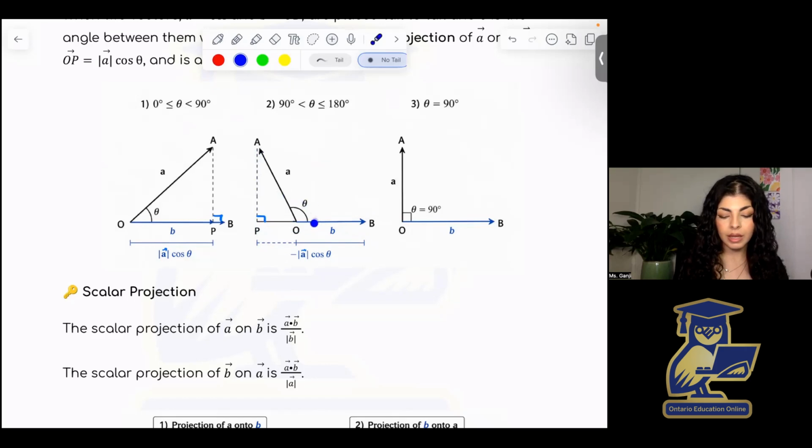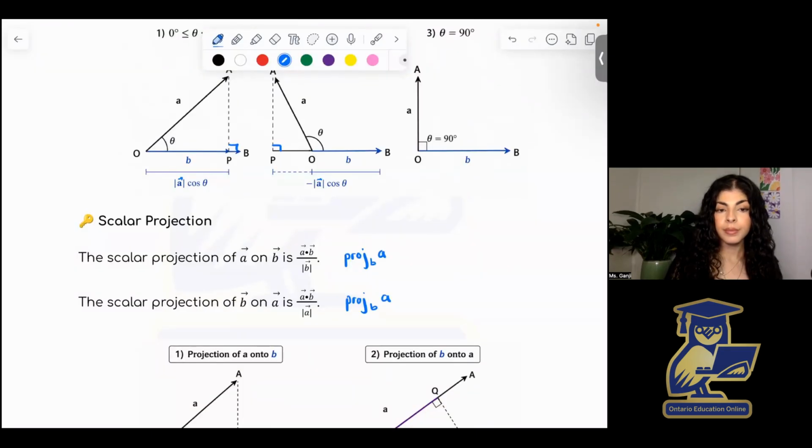This is just because of the way the angle is; we're not lined up with vector OB the same way we saw in this case. And our last case is when theta is 90 degrees, so we have a right angle and these two are perpendicular. Then we know that cosine of theta is just 0. So in this case, we don't have a projection here.